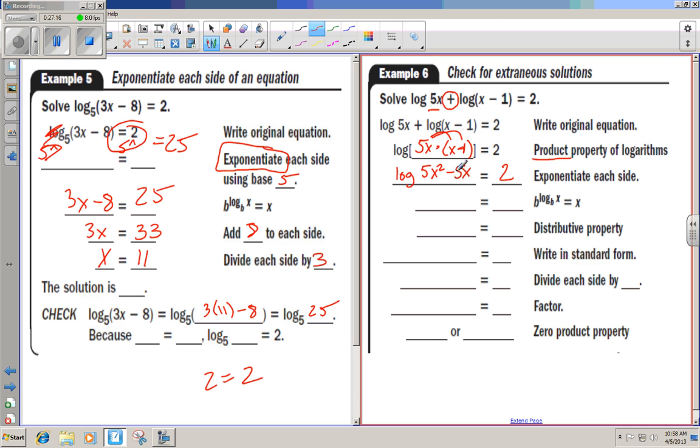At this point, you can't use the equality property. You have to exponentiate. This is a common logarithm. Common logs are base 10. So to undo a common log, you exponentiate it by base 10. So all that's left is 5x squared minus 5x equals 100.